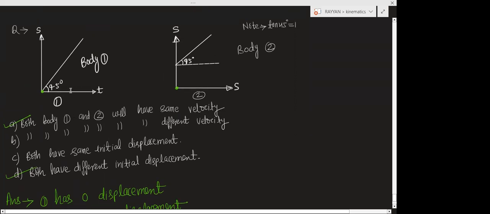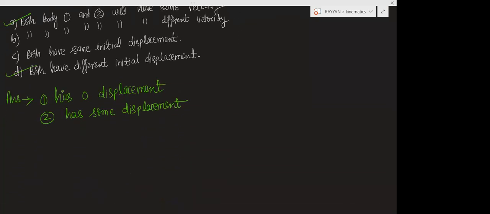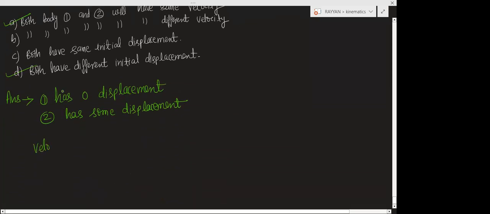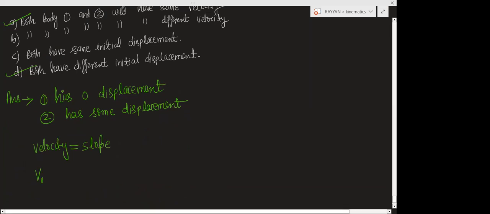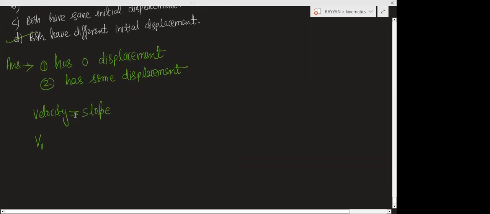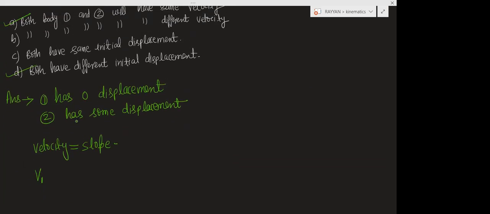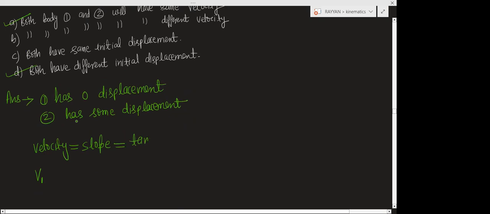Now, what about the velocity? I told you that velocity is the slope of the displacement time graph. Now calculate the velocity for one body; that will be the slope, and slope is tan theta.